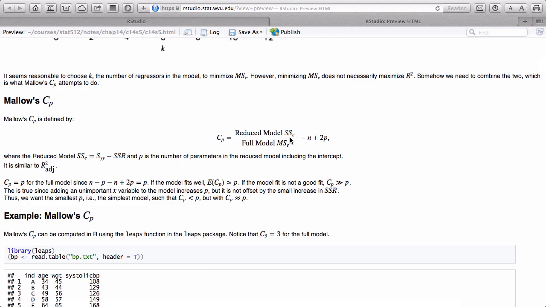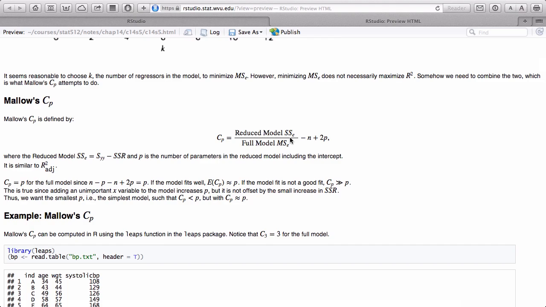So you would like Cp to be less than p, but almost equal to p. In other words, you're trying to get simplicity, so you want a small p. You want Cp to be less than p, but relatively close to p. So that's sort of the idea.